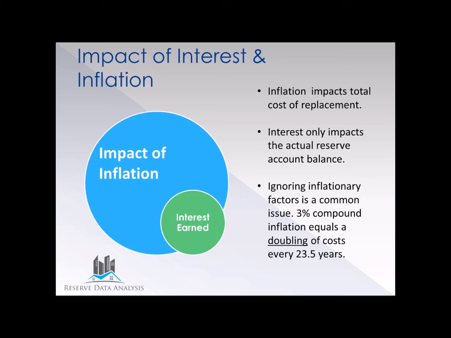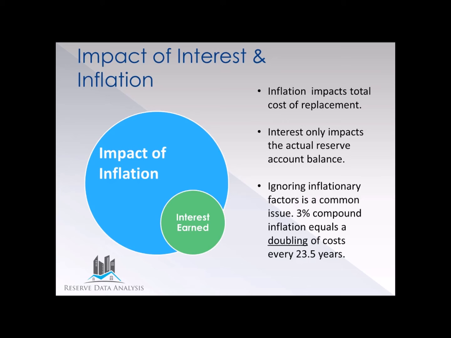So inflation on $1 million is $30,000. So in just 1 year, the impact of interest on a $100,000 reserve account is only $1,000, as opposed to a 3% inflationary impact on the cost of the components, which is $30,000 in this example.